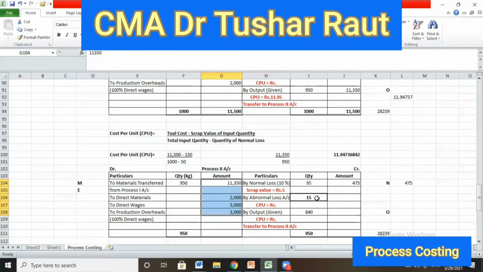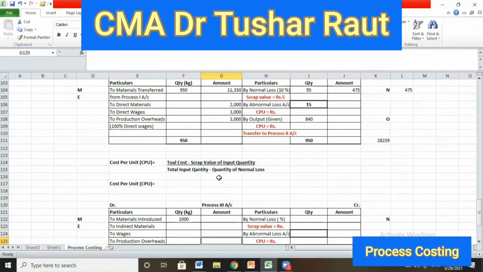For that, total cost will be 19,350. We'll write over here 19,350 minus scrap value 475, upon input quantity 950 minus quantity of normal loss 95.